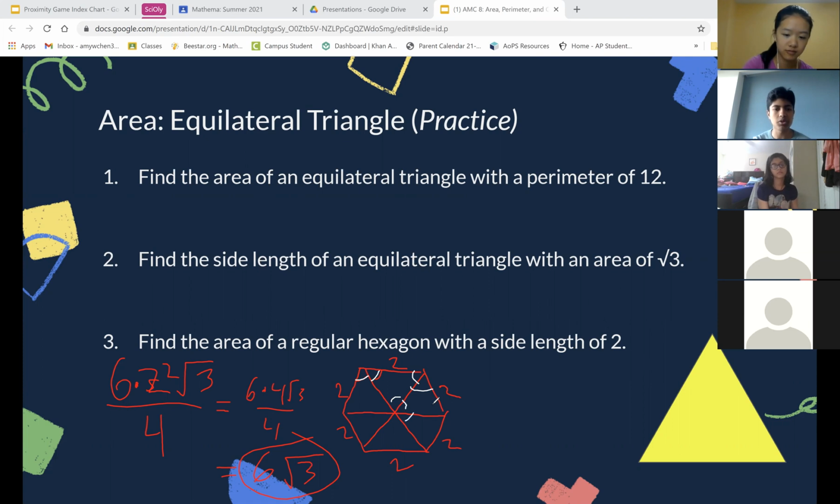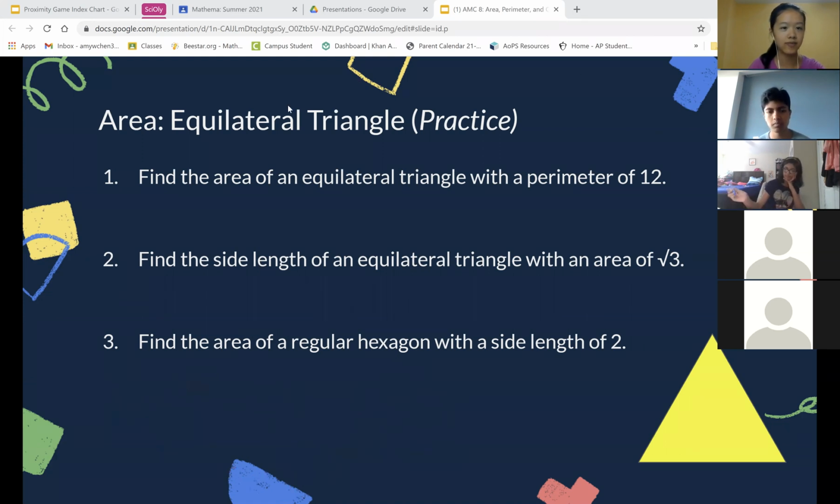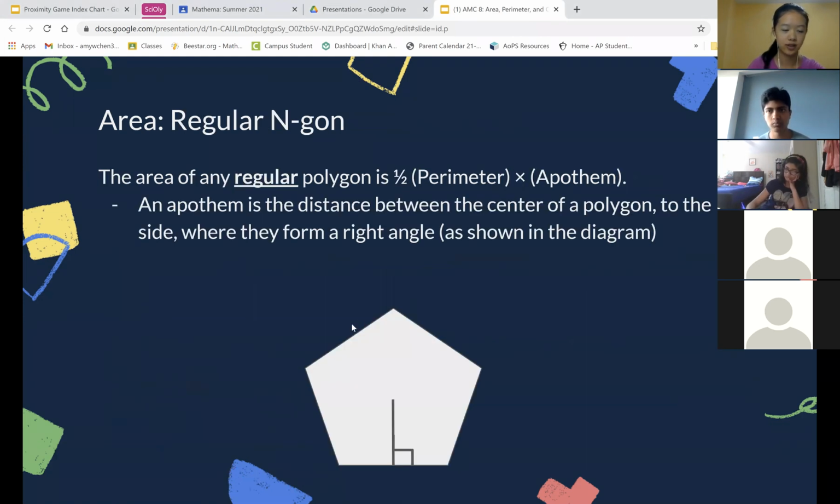That revolution right there has 360 degrees, right? It's just a circle in the center. So when you draw these diagonals through, you're splitting that 360 degrees into 6 individual pieces, and now you have 6 pieces of 60 degrees, right? Understood? Yeah. Okay. Cool.